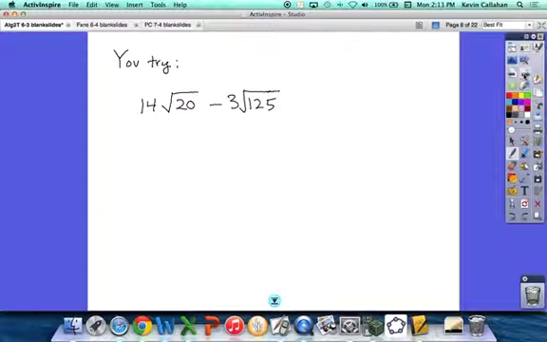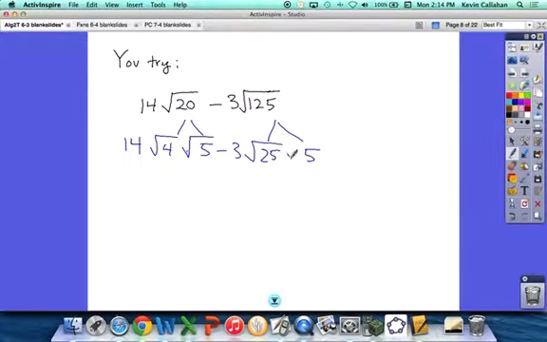How do you simplify the square root of 20? 4 times 5, right? And how did you simplify the square root of 125? 25 times 5, right? So we have 14, which is on the outside, times the square root of 4, times the square root of 5, minus 3, which is on the outside, times the square root of 25, times the square root of 5.